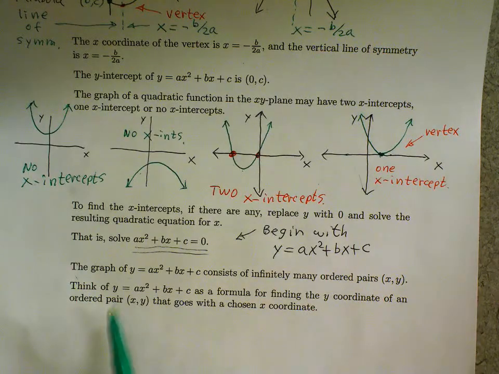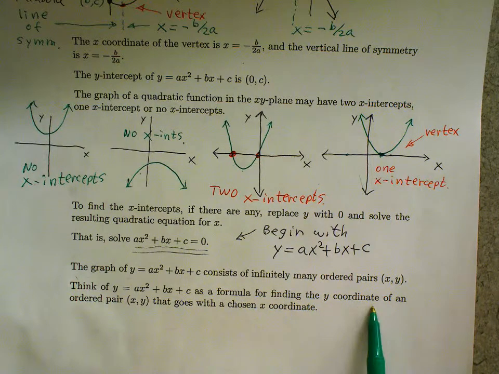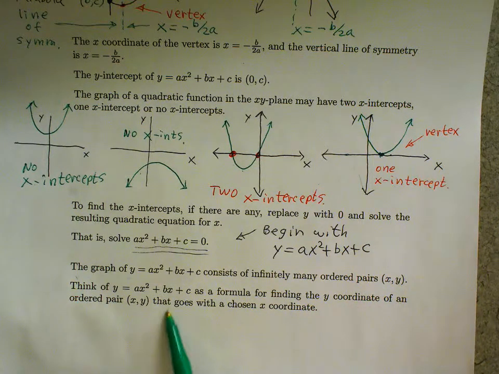Okay, so my advice is think of y equals ax squared plus bx plus c as a formula for finding the y-coordinate of an ordered pair xy that goes with a chosen x-coordinate.